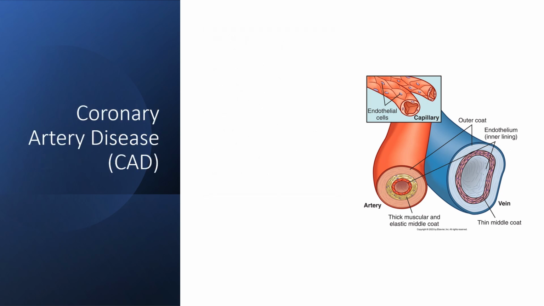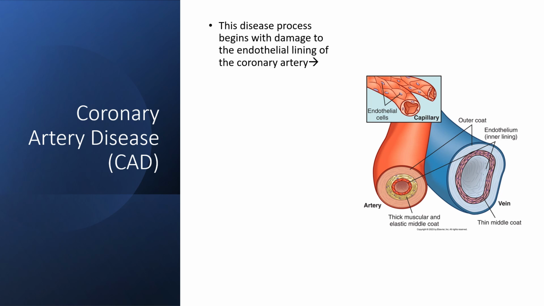So now we're going to look at coronary artery disease, and really what this disease begins with is damage to the endothelial lining of the coronary artery. So the inner lining of the coronary arteries are becoming damaged by some factors.